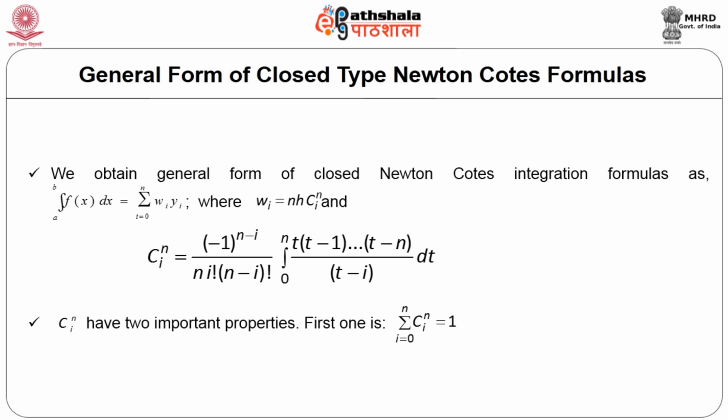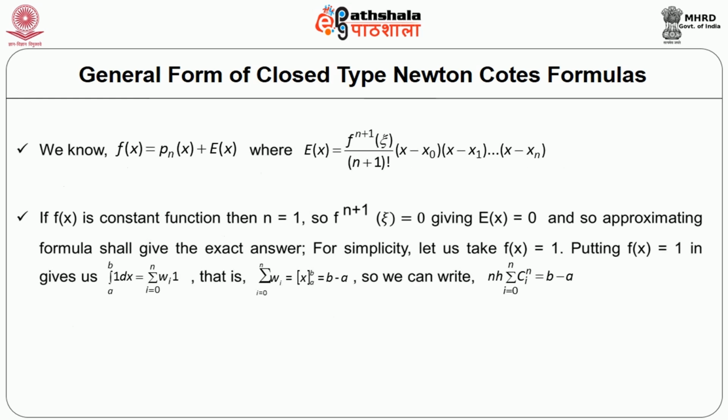This can be verified very easily. See our formula, the integral a to b f(x) dx is equal to the integral a to b pn(x) dx, that is sigma wi f(xi), plus the error term.